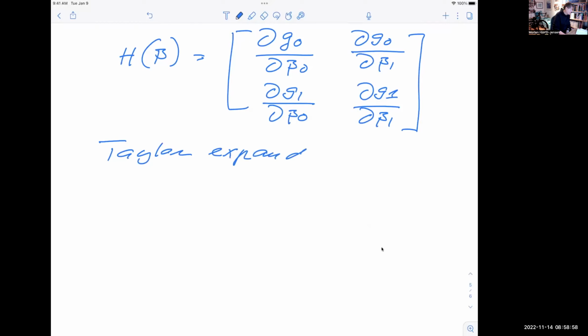And now we are going to make a Taylor expansion of the cost function around a value beta of n plus 1. Sorry, it's not that one. This is the new value. So remember, we have that beta of n plus 1 is equal to beta of n minus this learning rate gamma, which we now leave without a superscript n, multiplied with the gradient at n.